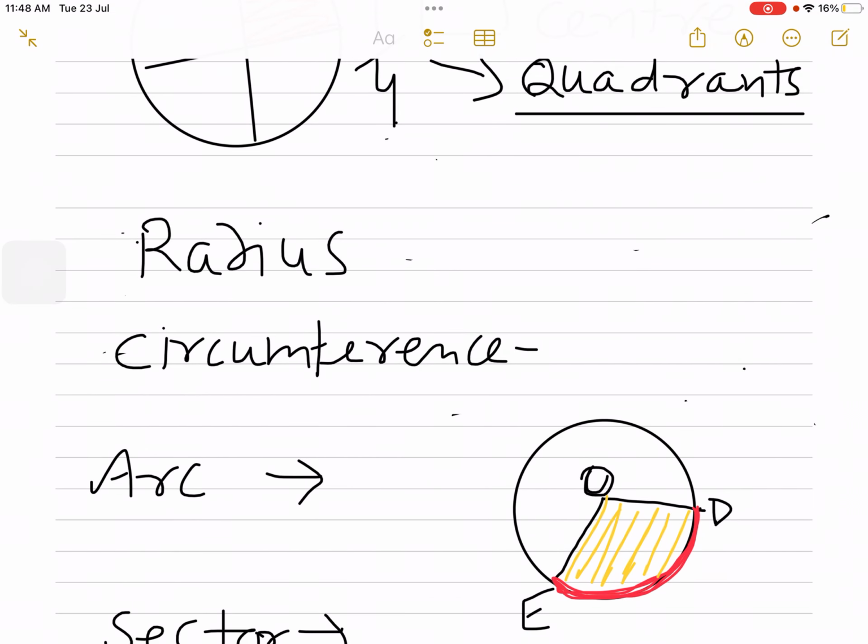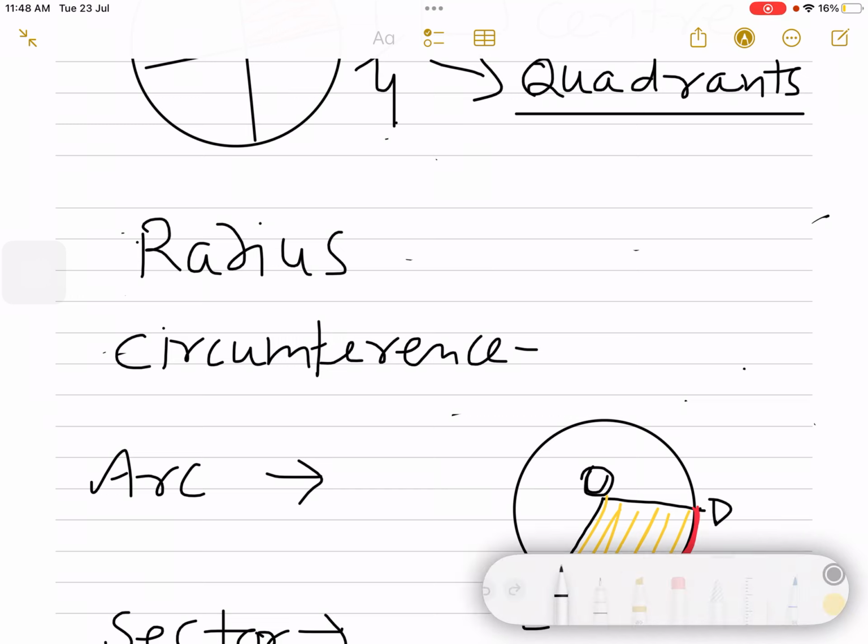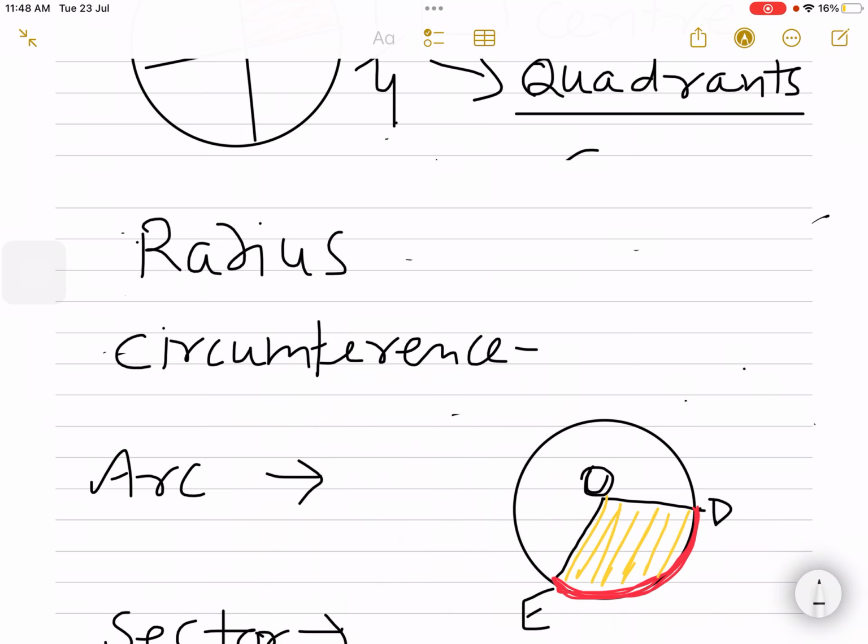What is the radius here and what is the circumference? Okay, so here when you draw the circle, here the center point O, and draw the line join from the outer layer of the circle, it forms the OP line. Okay, this OP line is known as the radius of the circle.